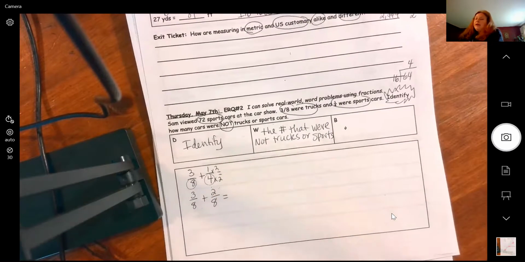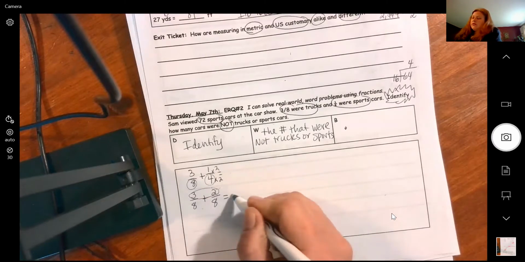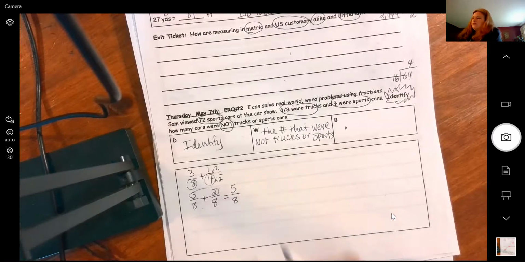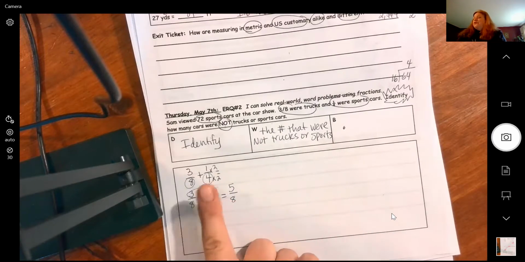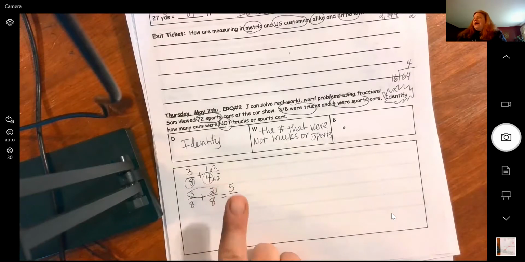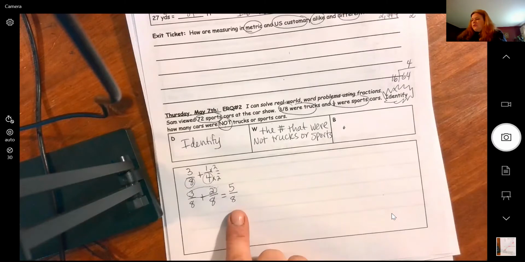How do we add fractions? We add the numerators and the denominator stays the same. All right, so if 5/8 were trucks and sports cars, how many were not trucks and sports cars?